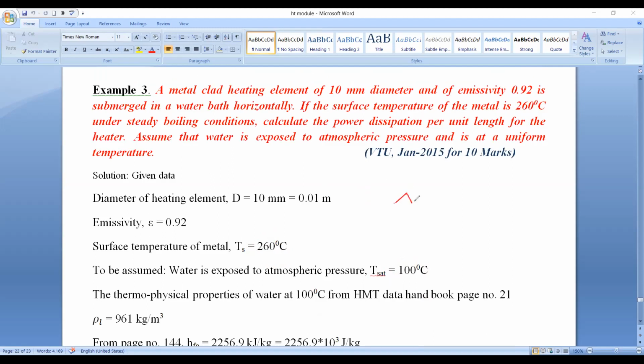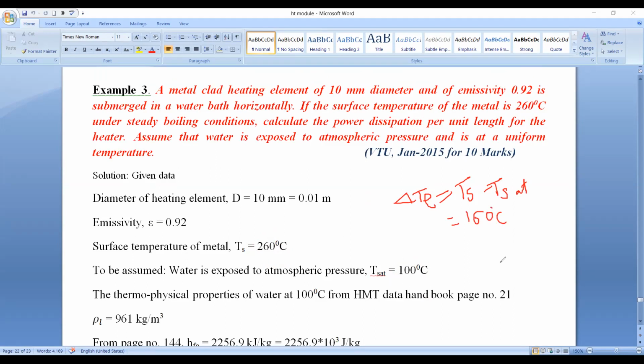The excess temperature delta T is the difference between the surface temperature and the saturation temperature, that is 260 minus 100, so you get 160 degrees centigrade as the excess temperature.